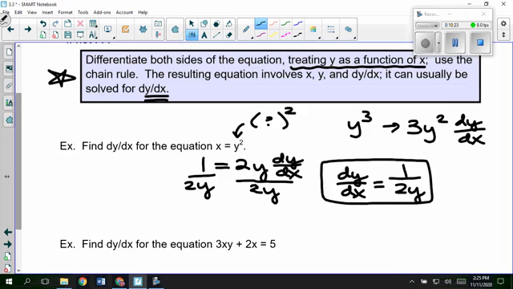Now, if this sort of helps, and I don't want to confuse you with adding more to your plate, but I want you to think about, for a moment, if we saw something like this, dy/dx or y prime equals 1 over 2y, and remember that in our differential equation section we talked about how the solution to that is the square root, and we had that conversation. Look over here, what will happen if we get y by itself?